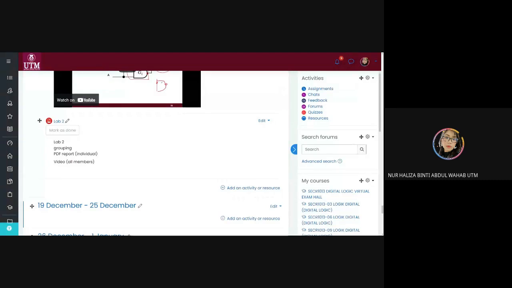You can write your team member names so that I can see your answer should be similar with your team members only. Kalau tiba-tiba jawapan you punya team member lain, tapi you follow group lain punya answer, so dekat situ pun saya akan question kenapa lain, kenapa sama dengan group lain, so on.